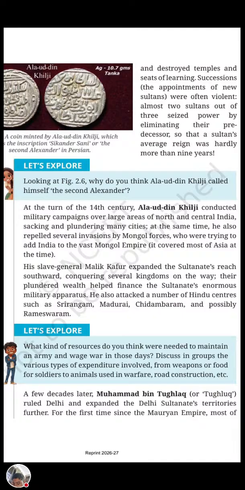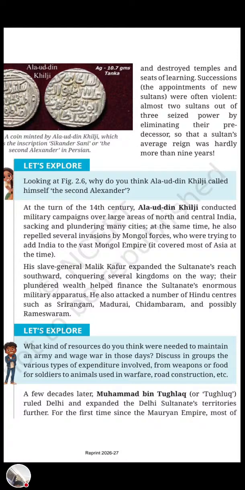Then he wanted to compare his conquest across North and Central India and his defense against Mongol invasions. See, any king would have some pride in front of his enemies. So he was jealous in front of the other kingdoms, and he wanted to show his success to the other kings. That's why he showcased his name as Sikandar Sani, the second Alexander.